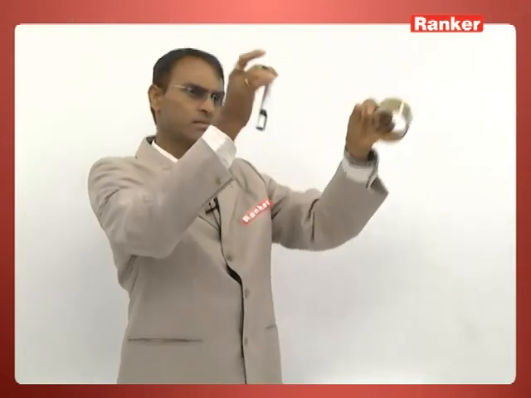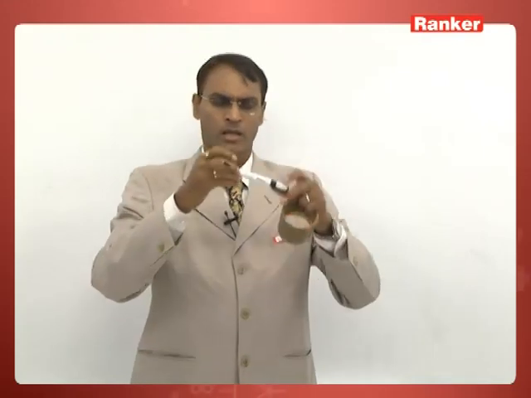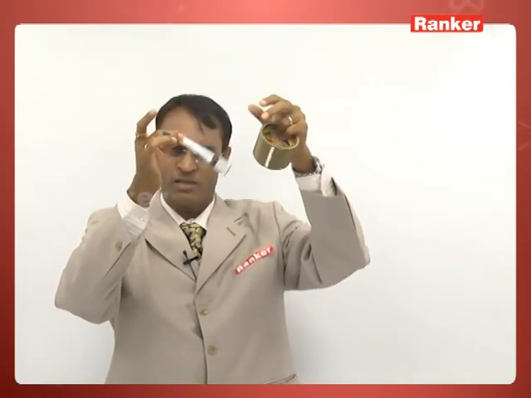This is also rotation. So for rotation, it is not essential that you keep one point of the rigid body fixed. When you keep one point of the body fixed, it may rotate by changing its angle of orientation.